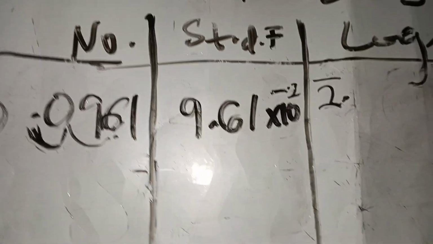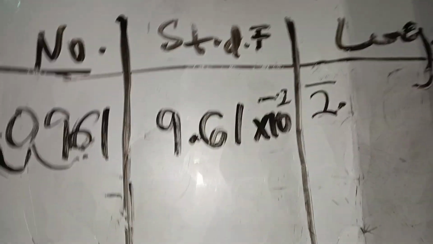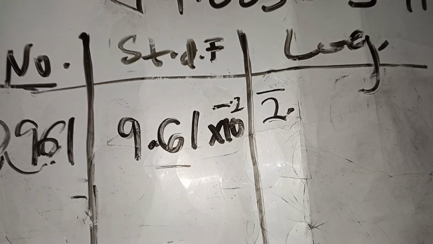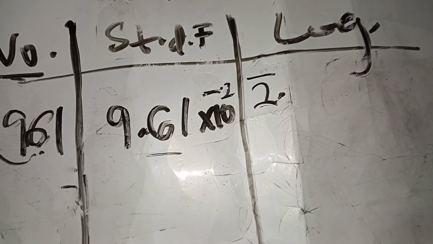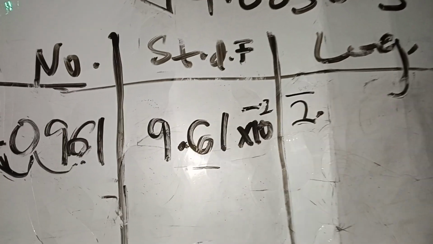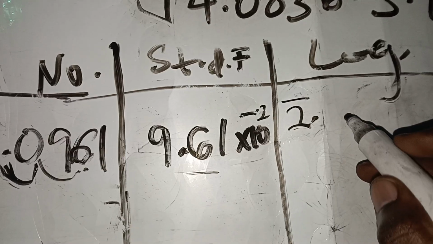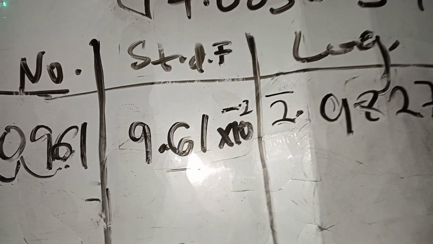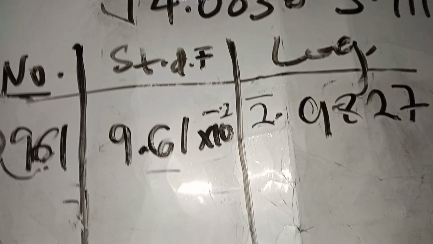So if it was -1, we'll put bar 1. So let us look at the log of this, whereby we'll get 0.9827. So it is like that.